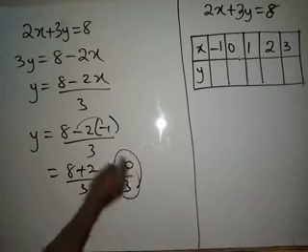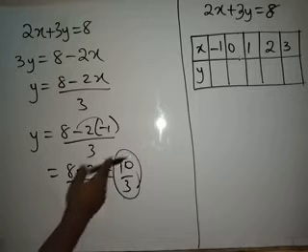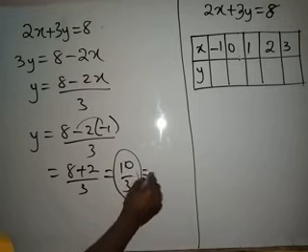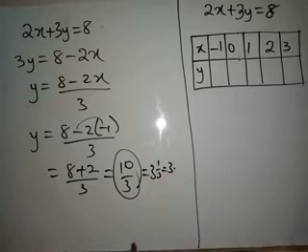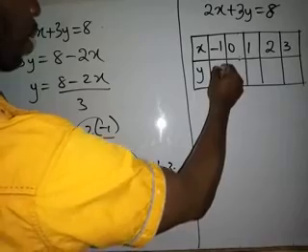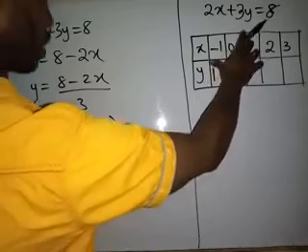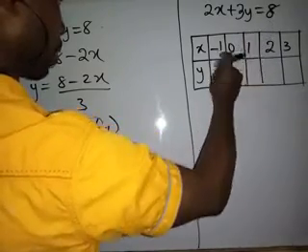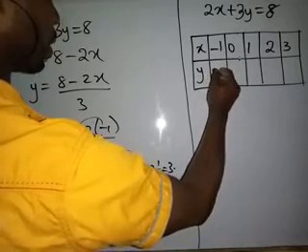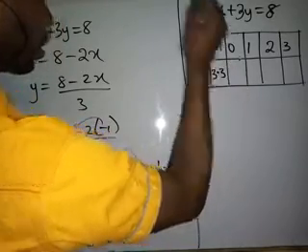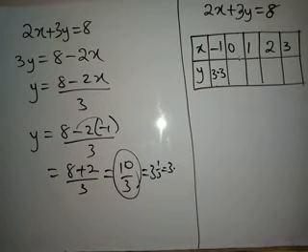So 10 over 3 is 3 whole number 1 over 3, which is the same thing as 3.333333. So you just write 3.3, just one decimal place. Leave your answer in one decimal place. 3.3, that's what it's going to be.